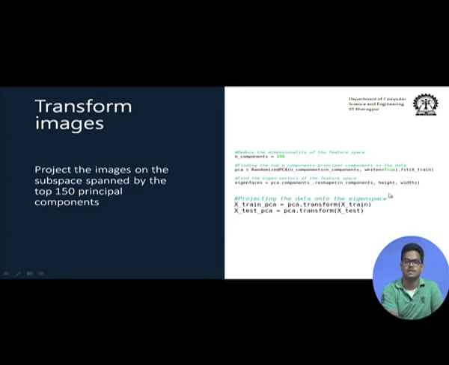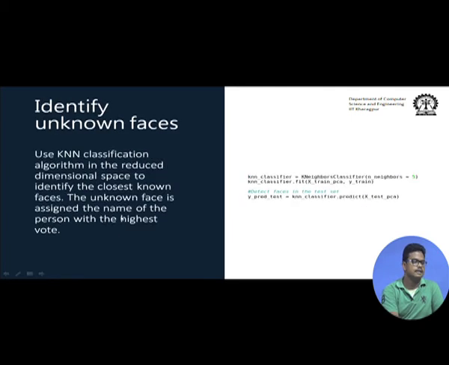We transform both the training set and the test set into 150 principal components, and then we do a k nearest neighbor classification of faces in this principal component vector space, in the space spanned by these principal components rather. We first declare our classifier, we fit it on the training set, and then we do a classification on the test set.